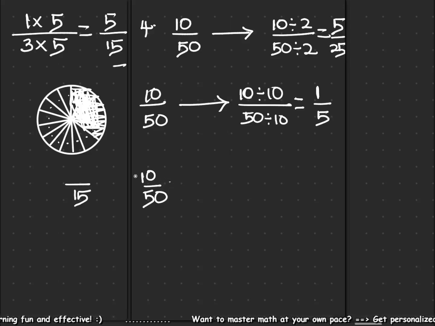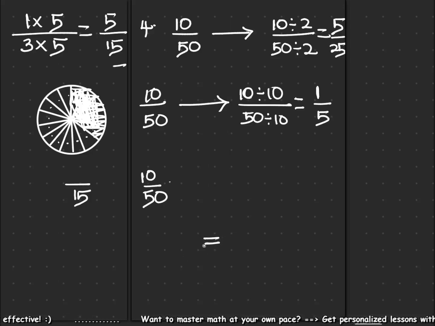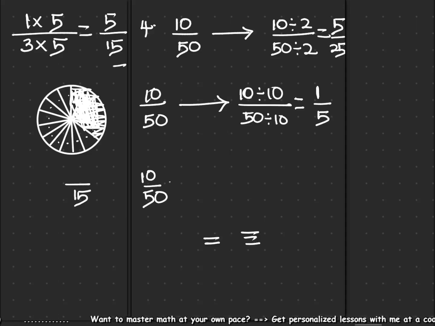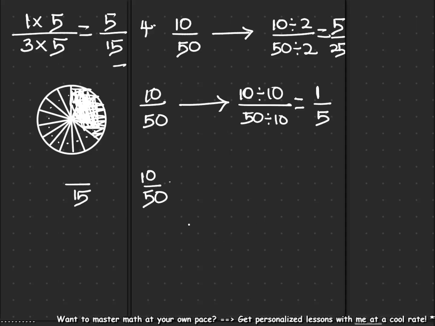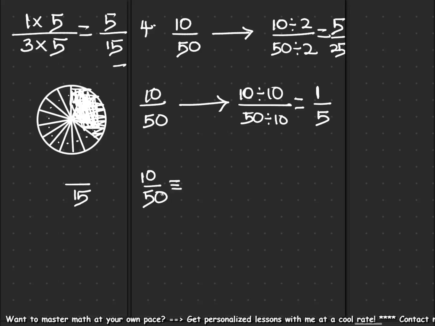Before we continue, you know this sign here, this is an equality sign. The sign for equivalent is 1, 2, 3, we use 3 of these dashes. So we are going to employ that over here to write these equivalent fractions. So for 10 over 50, we can say it is equivalent to what? If you are going to divide, let's first of all divide by 2, just as we've done here.